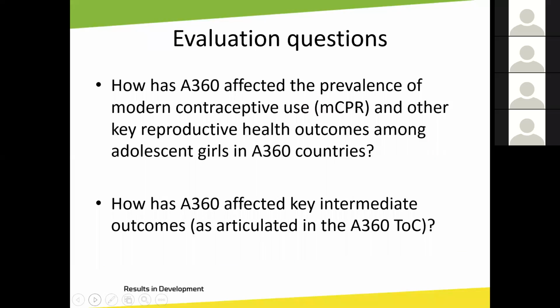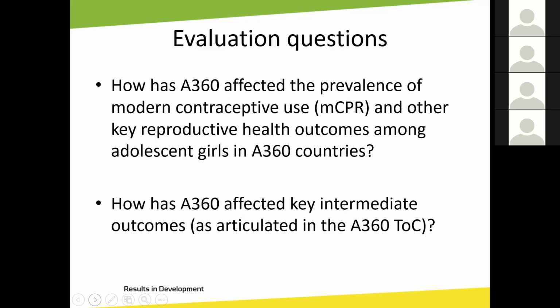So this is our primary outcome, MCPR, and other key reproductive health outcomes among adolescent girls in the A360 countries. And secondly, how has A360 affected key intermediate outcomes? And these are ones that we've taken from the A360 theory of change that was developed by the implementing partners.